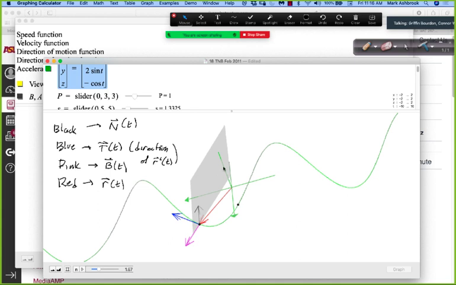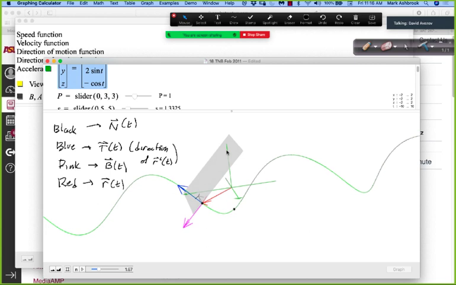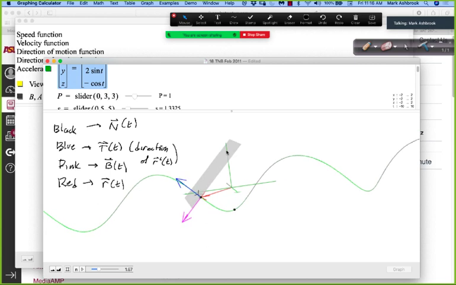We would use the T vector, since that's the one orthogonal to the plane. So the normal plane, normal meaning normal to the curve. To write its equation, we need an orthogonal vector to that, so that's the tangent vector, that blue vector right there. Okay, next plane. This one.